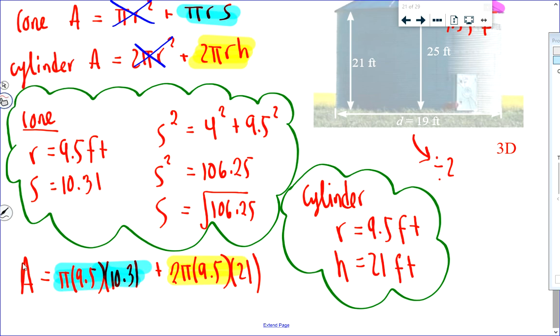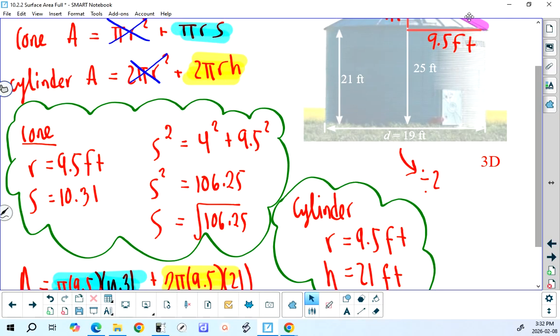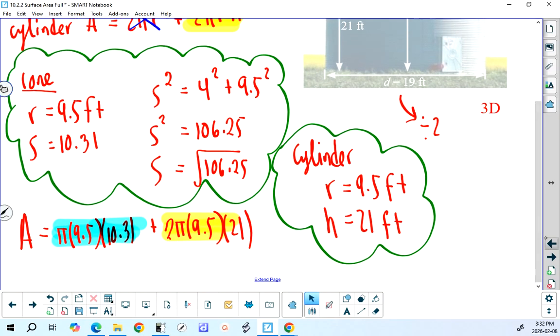Slant height is 10.31, so pi rs for the cone part. That looks okay. And then, geez, I hope half of 19 is 9.5. Yes, it is. And then 2 pi rh, 2 pi times 9.5 times 21 for the cylinder. That's fine. Now we can finish off this example.